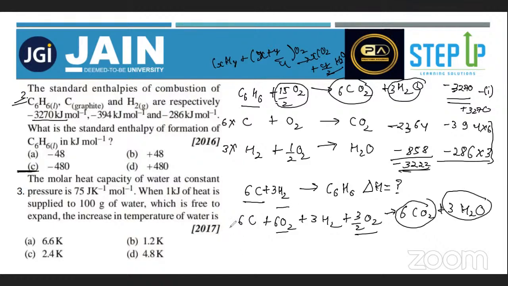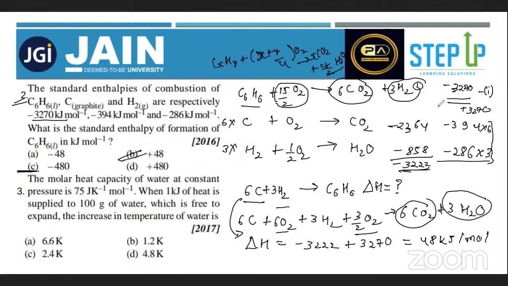So finally, if I have to find delta H for this reaction, it will become negative of this, so minus minus plus, and it becomes 3270. So I get the answer in the form of 48 kilojoules per mole, so plus 48.